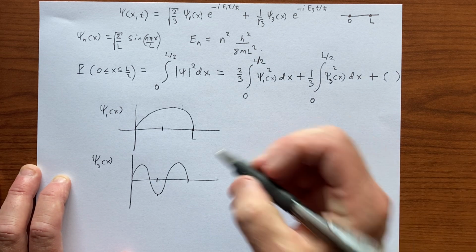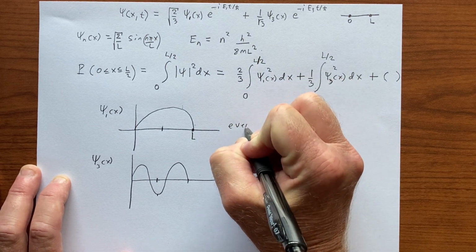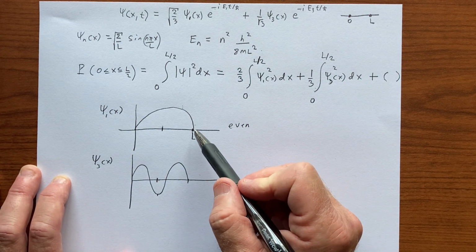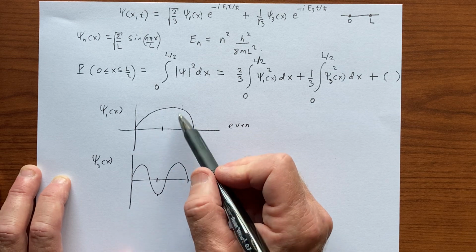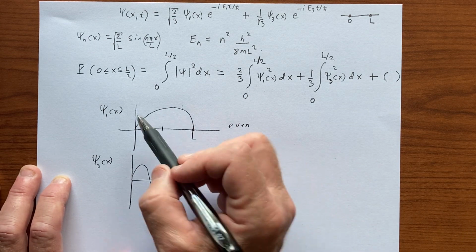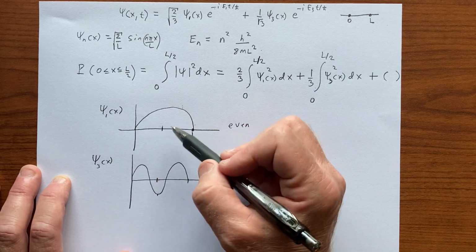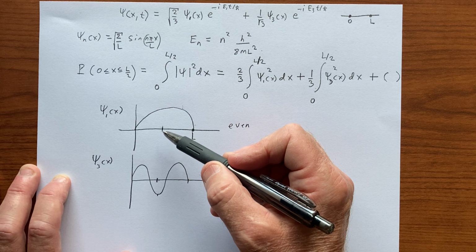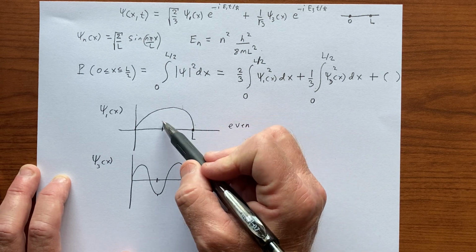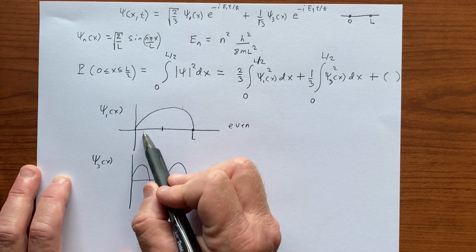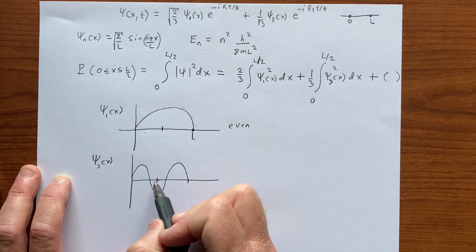So these are even functions, and so they don't lead to a preference. Psi 1 squared is the function that gives us the probability density, and that probability density doesn't prefer one side of the well versus the other.